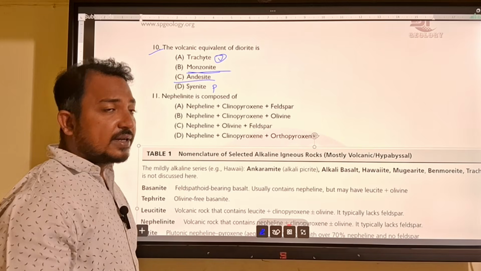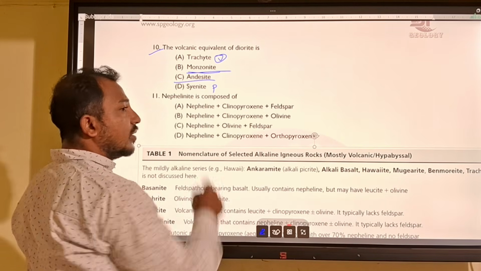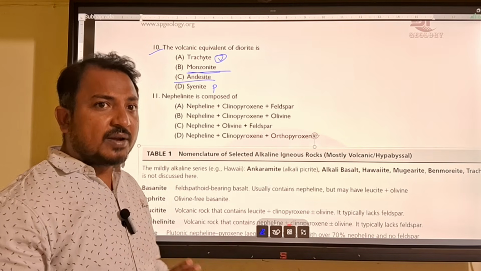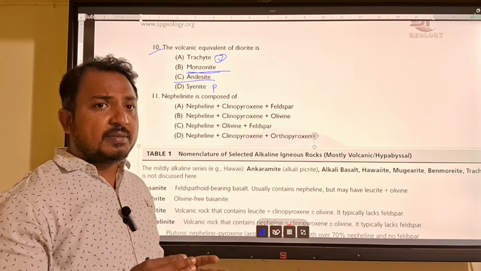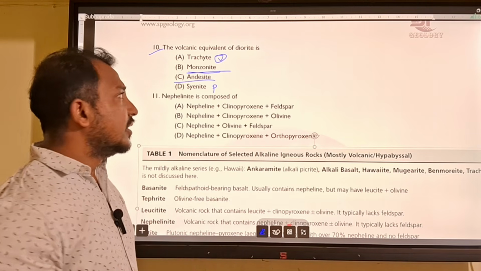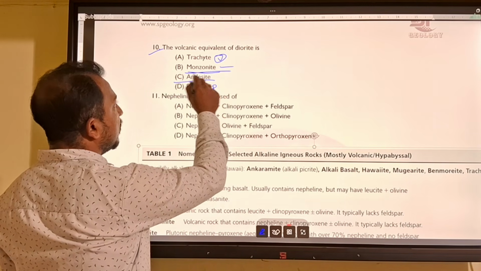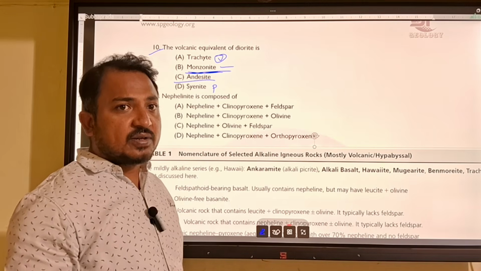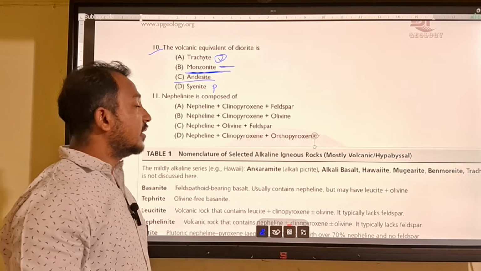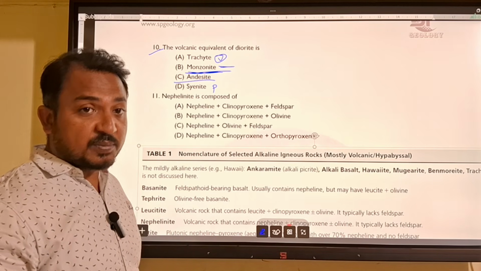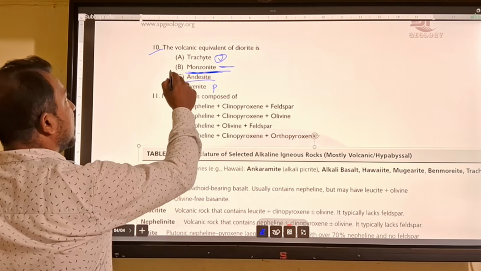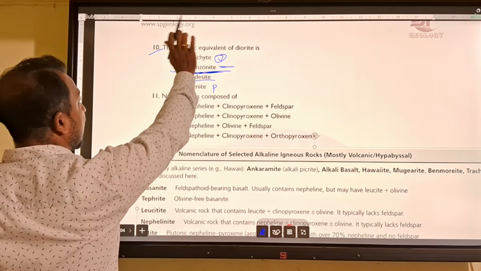And monzonite is a type of saturated rock which contains 50% plagioclase feldspar and 50% orthoclase feldspar. That means it contains feldspars in equal amounts, both alkali and calcic. So remember, monzonite contains 50% plagioclase and 50% alkali feldspar. You can check this from the IUGS classification of plutonic rocks. So the answer will be andesite.